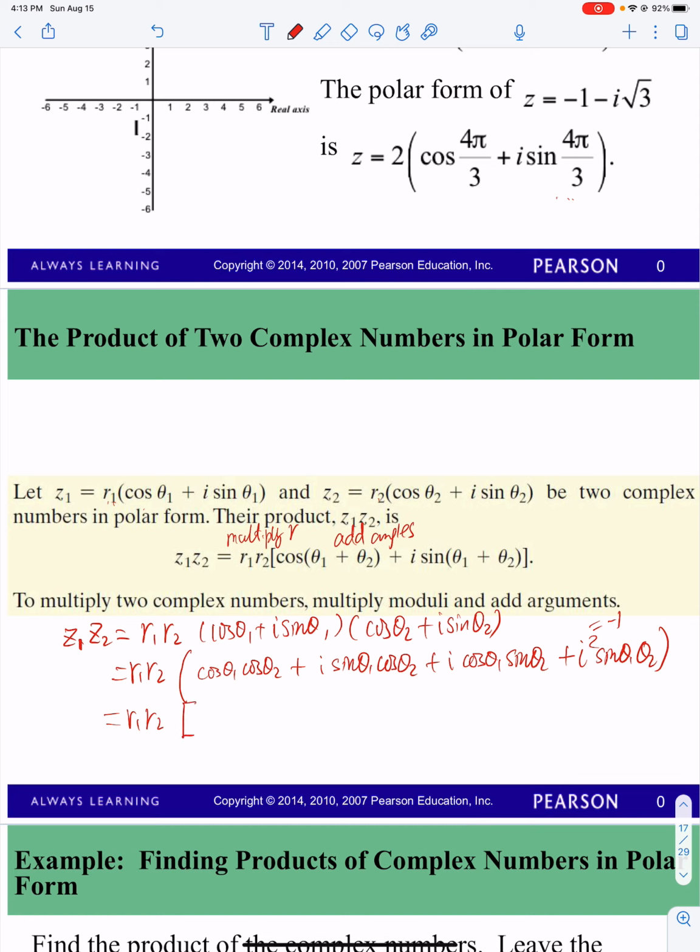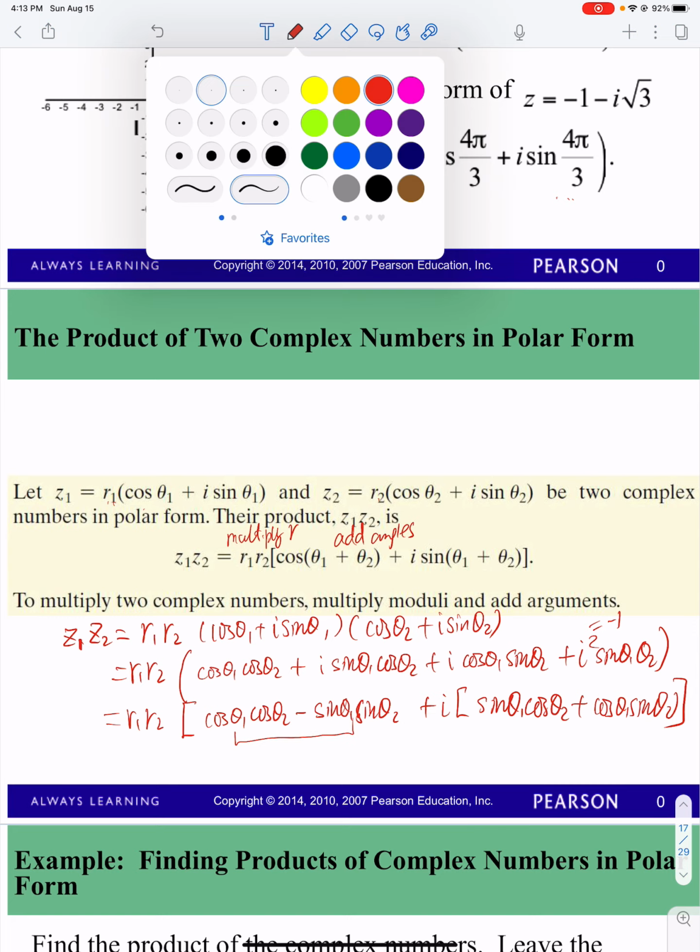So it's r1, r2. Although it looks complicated, it's actually not. Cosine theta 1, cosine theta 2 minus sine theta 1, sine theta 2. Then you have i in common. You have sine theta 1, cosine theta 2, plus cosine theta 1, sine theta 2. You with me? What do you guys notice?